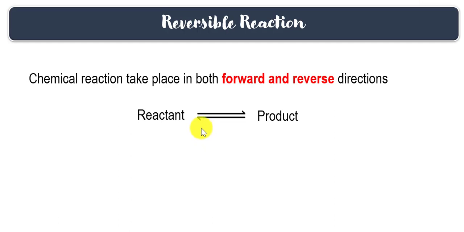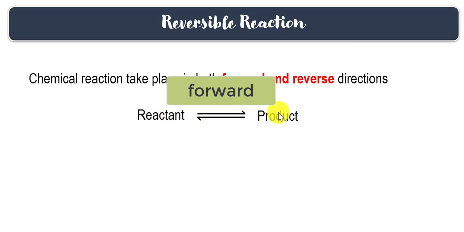In reversible reactions, the reactants and products are never fully consumed. They are each constantly reacting and being produced. So, the chemical reaction takes place in both forward and reverse direction.